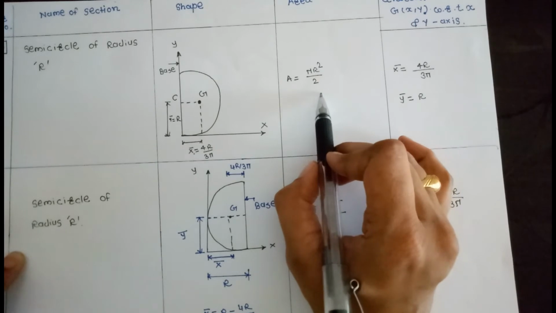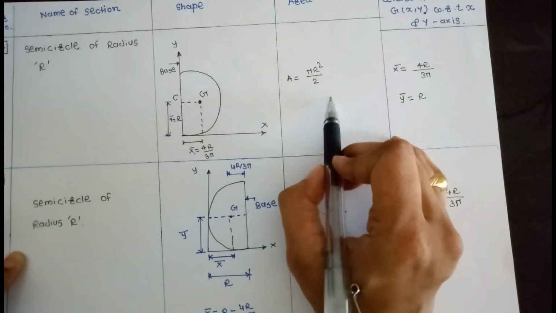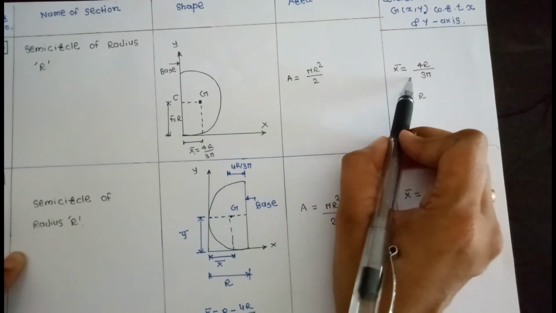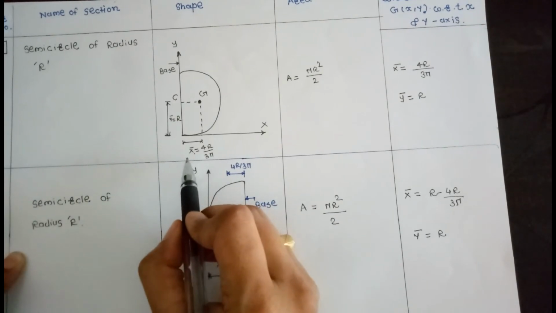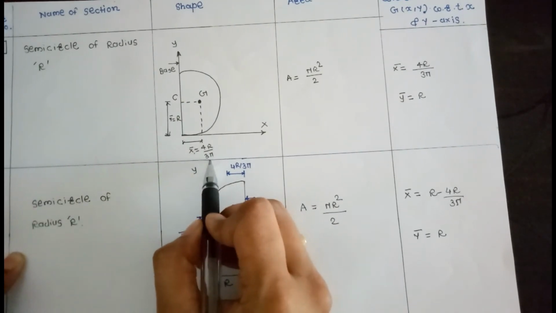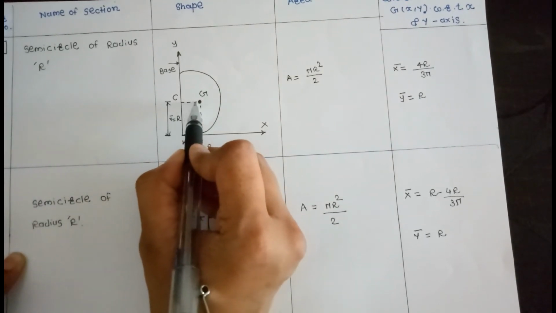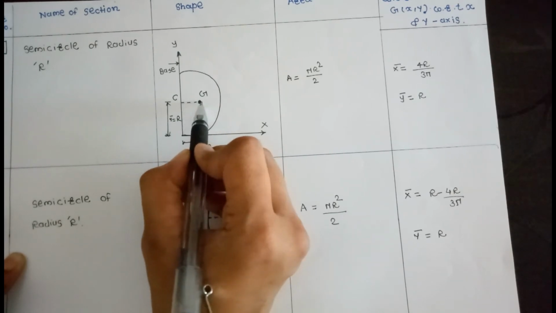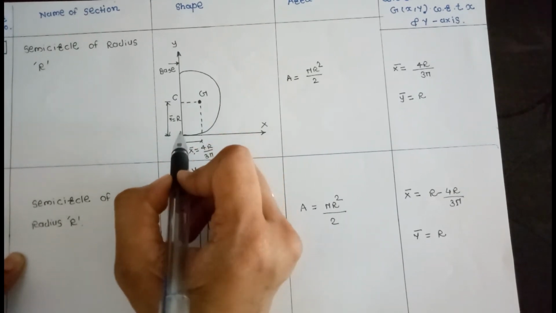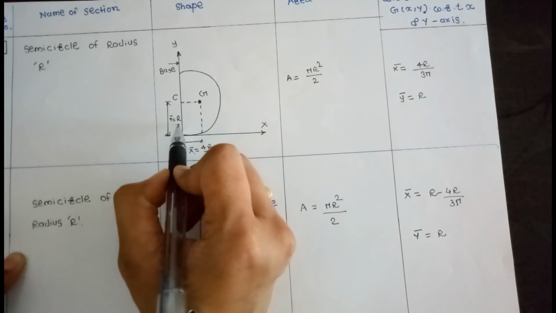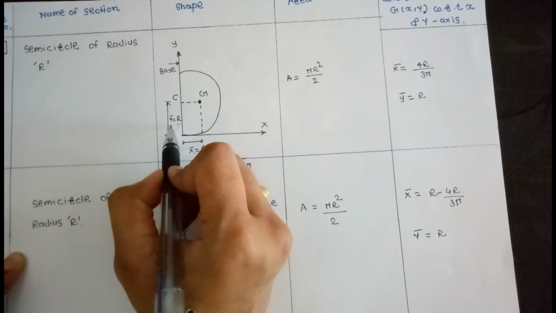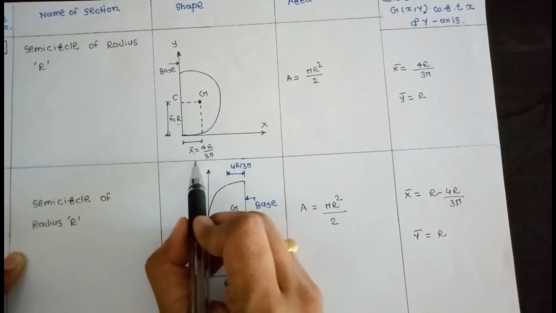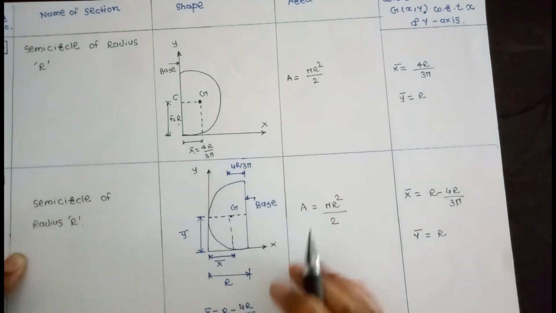So area of semicircle is pi r square by 2, and x bar is equal to 4r by 3 pi, means this distance is 4r by 3 pi and this distance is r. So y bar is equal to r and x bar is equal to 4r by 3 pi.